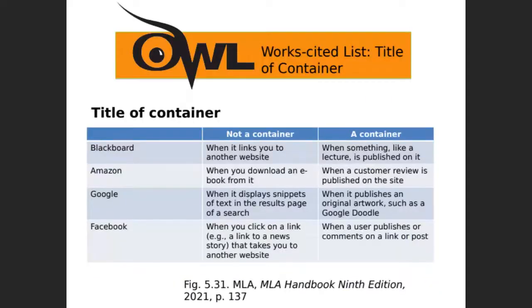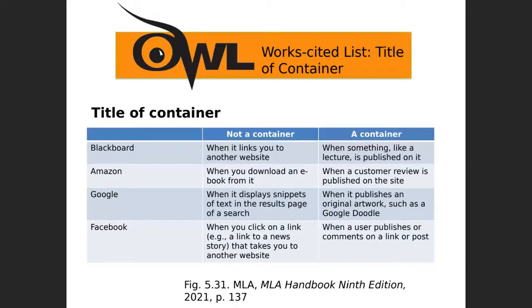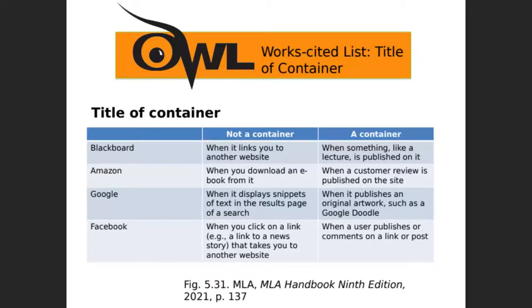So things to consider. On Blackboard, when it links you to another website, that's not a container. When something like a lecture is published on it, that makes it a container. On Amazon, when you download an ebook from it, that's not a container. When a customer review is published on the site, that's a specific container.